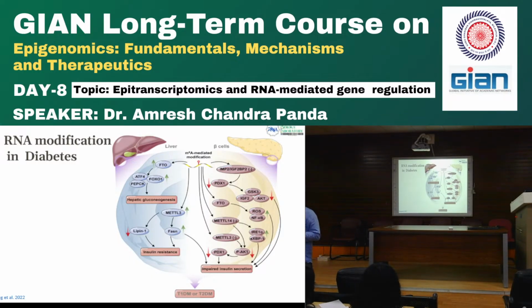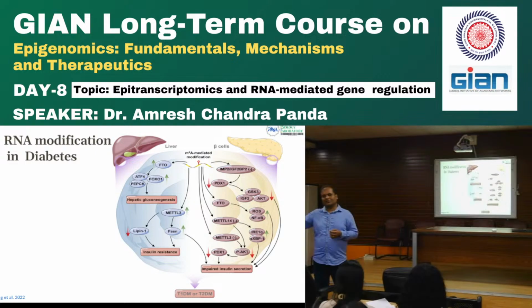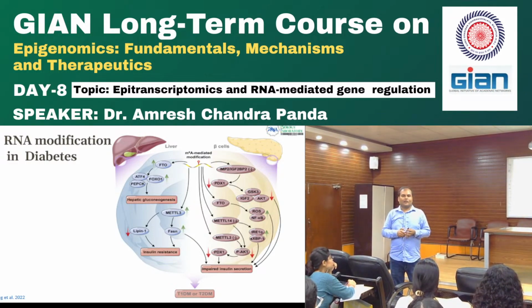But if you have that high glucose persistently, the beta cell is getting that signal every time. So after a long period of time it will stop responding.